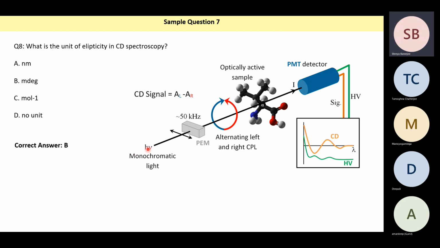If you remember, CD signal is the difference in absorption between the left and right circularly polarized light. Before entering the optically active sample, the left and right components of circularly polarized light are equal. But after exiting the sample, there is bias towards either the left or the right direction, and that difference is recorded as CD spectroscopy, in which the x-axis is always wavelength and the y-axis is called the ellipticity, measured in units of millidegrees. So the correct answer is B.